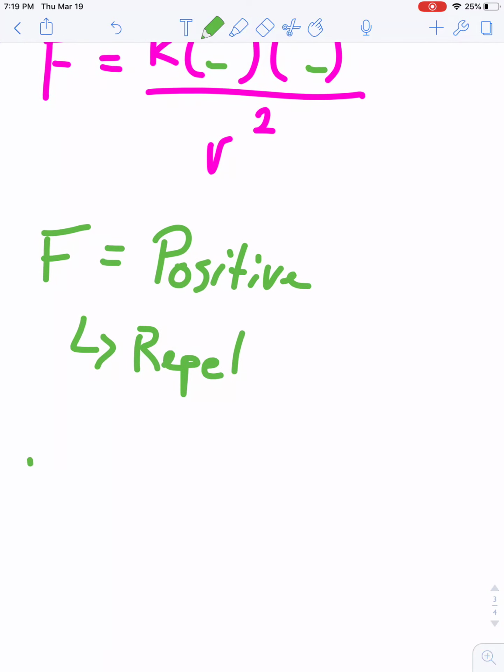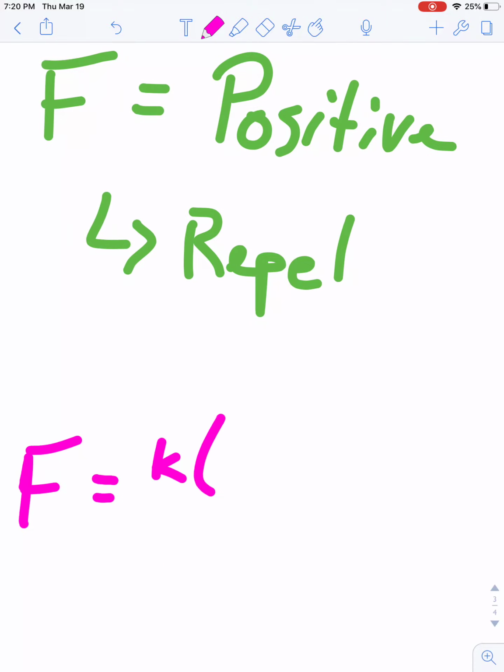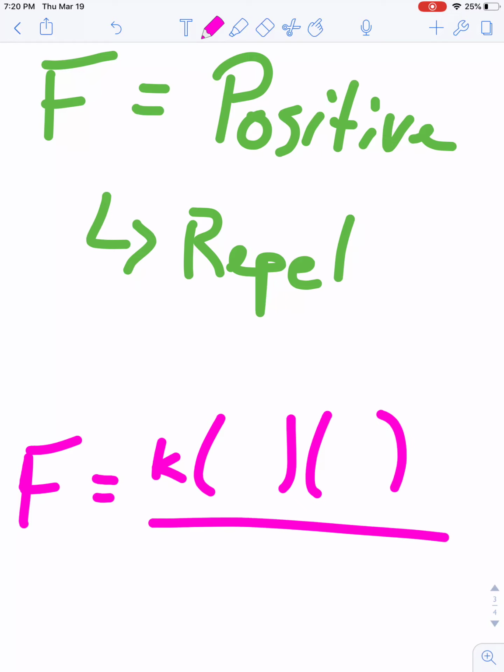So let's look back at the equation. F equals K Q1 Q2 divided by R squared.